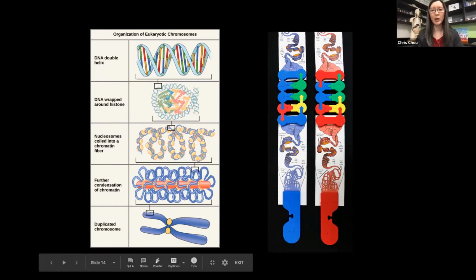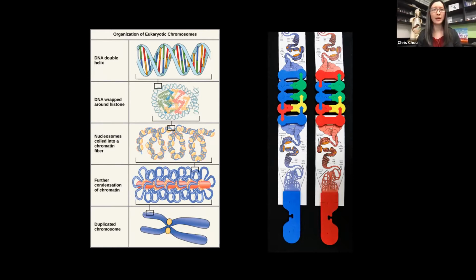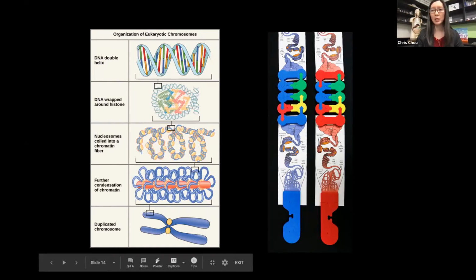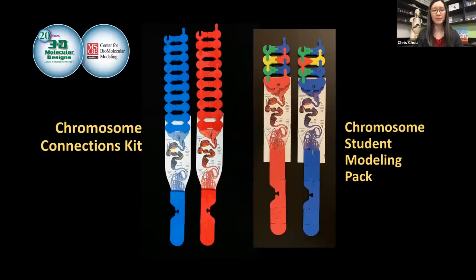Traditionally, you might use other pieces like pipe cleaners or pieces of paper to show large pieces of chromosomes. This is really handy because it helps students see DNA at multiple levels and make the connections between nucleotides and the large chromosome structures.